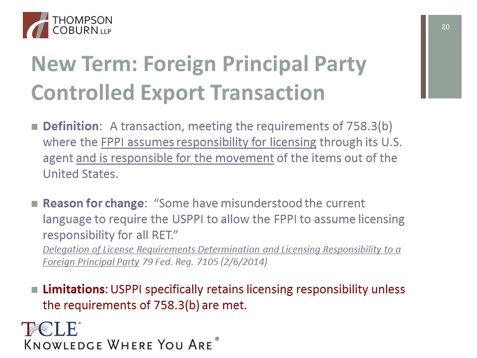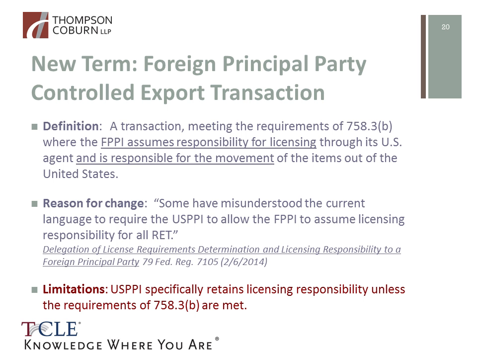In an attempt to clarify this situation, the Department of Commerce, Bureau of Industry and Security has proposed new rules and a new term, the foreign principal party controlled export transaction. That's a transaction meeting the requirements of a routed export transaction under the old rules, essentially, where the foreign principal party in interest, the buyer, assumes the responsibility for licensing through its U.S. agent and is responsible for the movement of the goods.